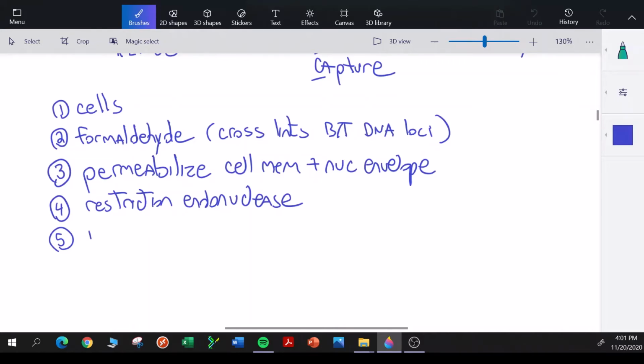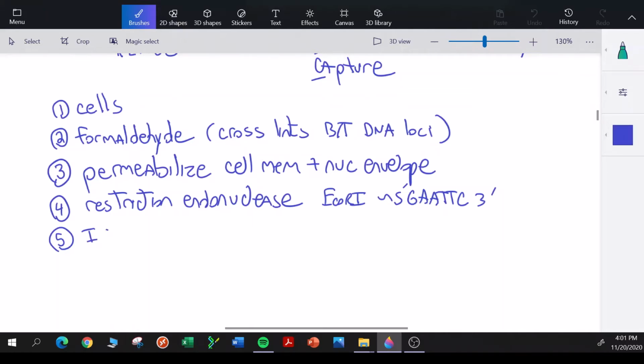Remember, restriction endonucleases, we're going to use one that targets a specific site. It might be like EcoR1, which only cuts GAATTC. So that's an example restriction endonuclease that we could use.